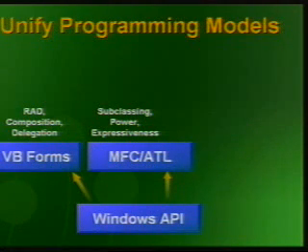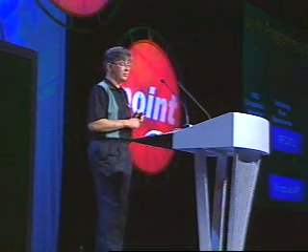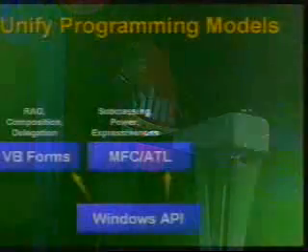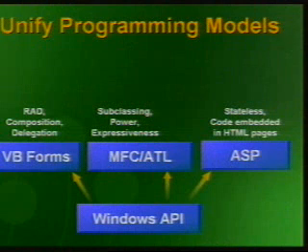The key concept in there is subclassing. You subclass from an existing framework. And while this gives you more power and aggressiveness, it is not as easy to use. There is not really that same rapid application development metaphor. And then with the advent of the web, we've seen the emergence of yet another programming model, the ASP programming model. We write stateless code that's embedded in HTML pages.